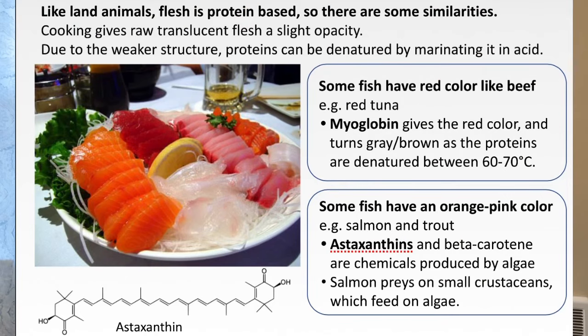And some of the colors of the fish come not only from the myoglobin, that heme group. Some have the red color, like a tuna, or salmon, or some of the trouts. And some have astaxanthins. Astaxanthins and beta carotene come from algae.